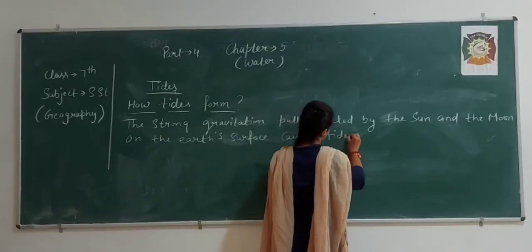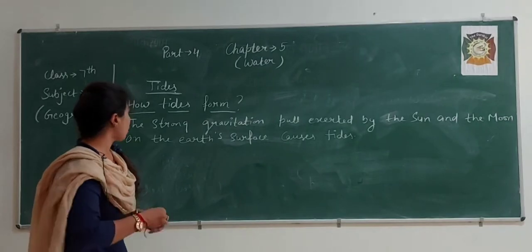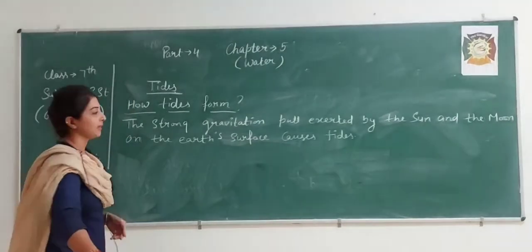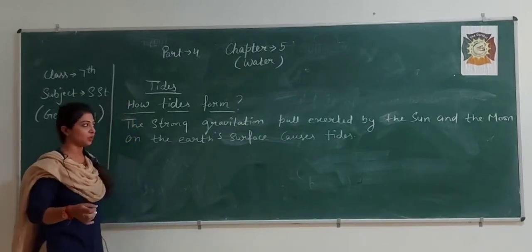I am repeating. The strong gravitational pull exerted by the sun and the moon on the earth surface causes tide.